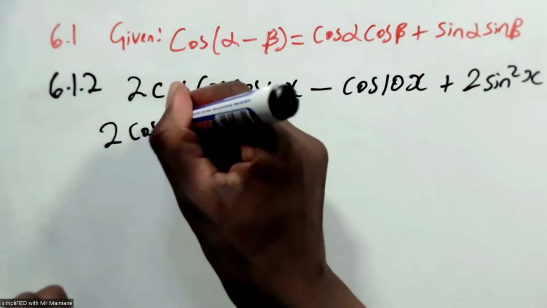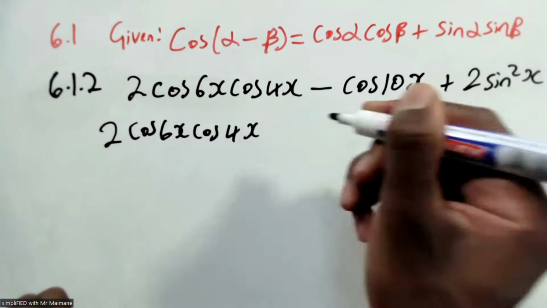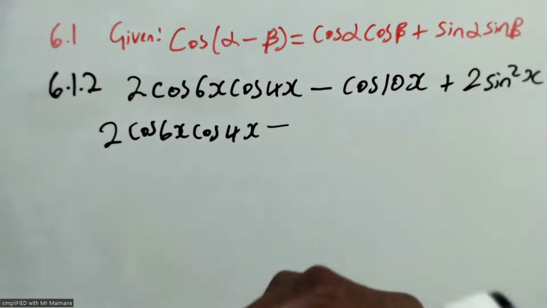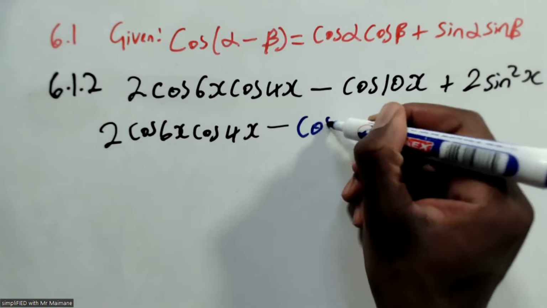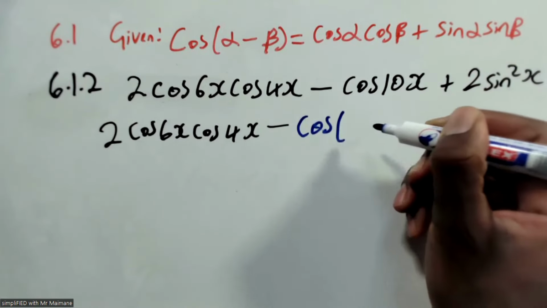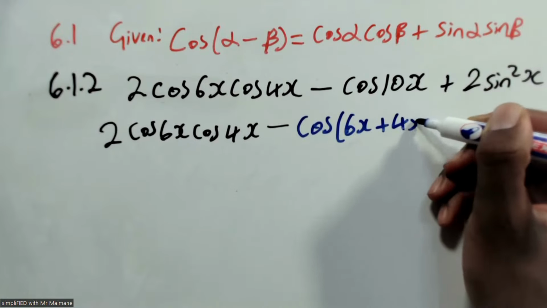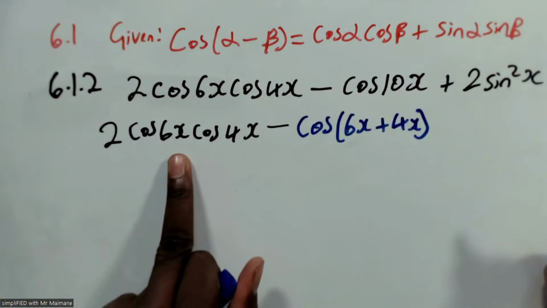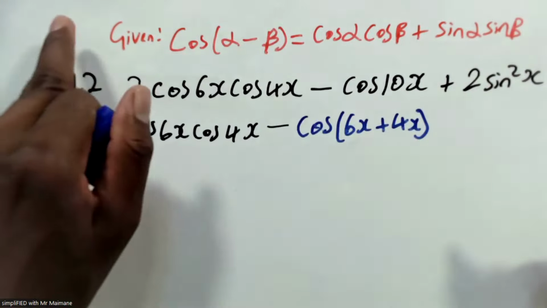Because if we have 2 cos 6x cos 4x minus, somehow I can see that I can write this as cos of 6x plus 4x. I now understand how compound angles work from the given expression.